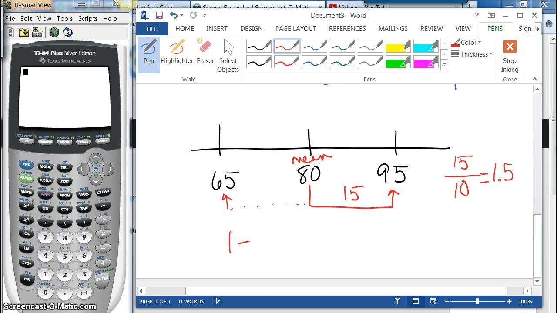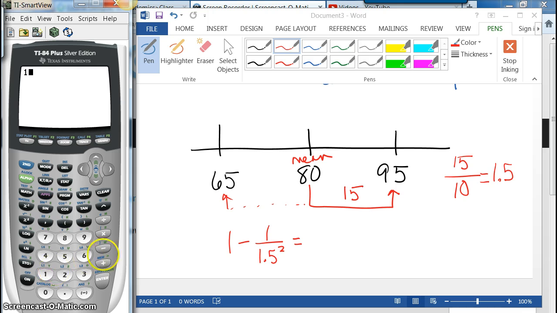So you go like this. You put the 1.5 right there in Chebyshev's formula. And then I'm going to come over here and show you on the calculator, when this is a number that we can't do in our head, we can do it like this. I'm doing 1 minus 1 over 1.5 squared.